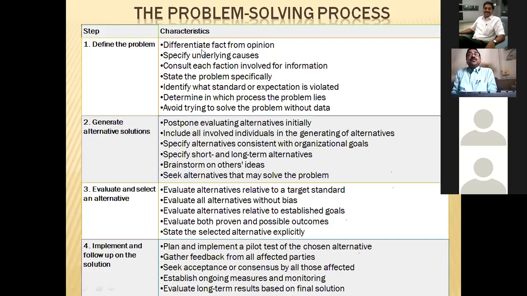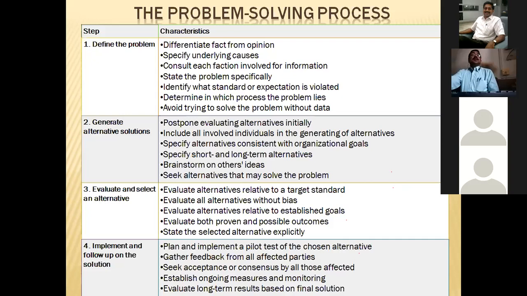Then the third is evaluate and select an alternative. Evaluate alternatives relative to target standards, and we have to do this very correctly. Which solution can be effectively used for a particular problem?